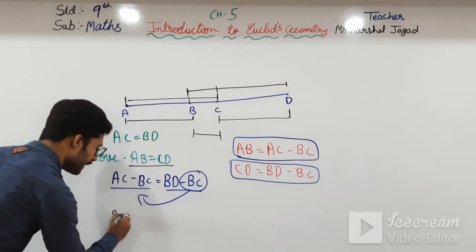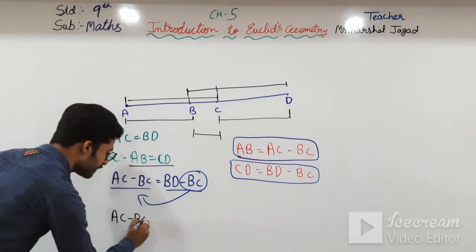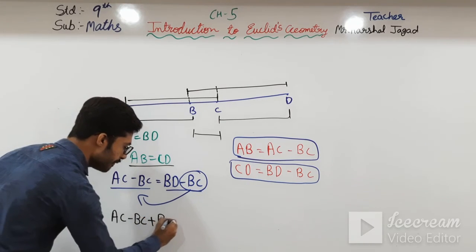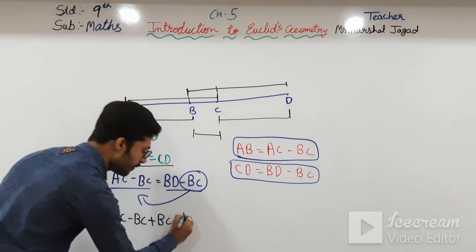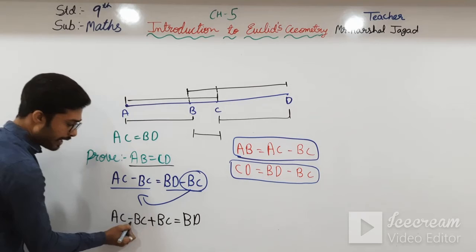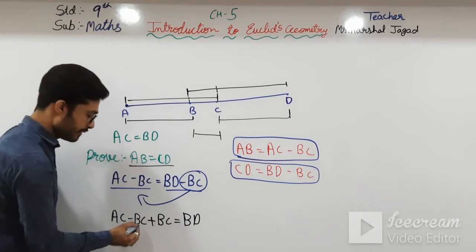So AC minus BC, then this minus will become plus BC, is equal to BD. So this is minus BC and this is plus BC.